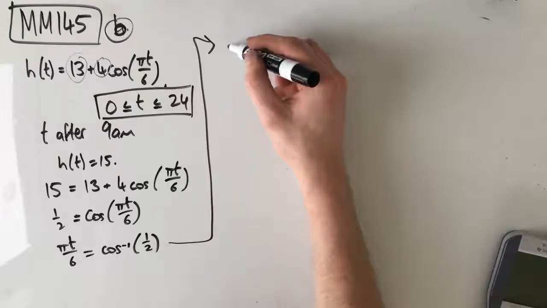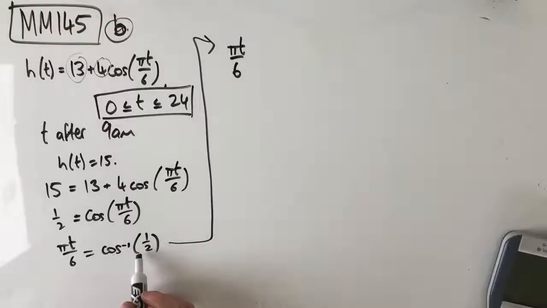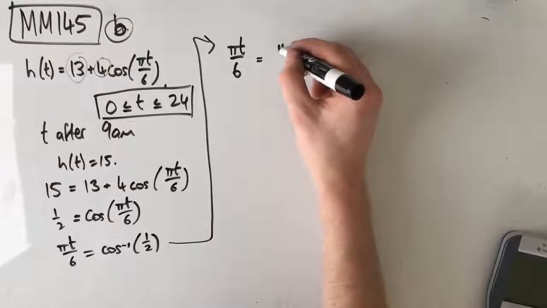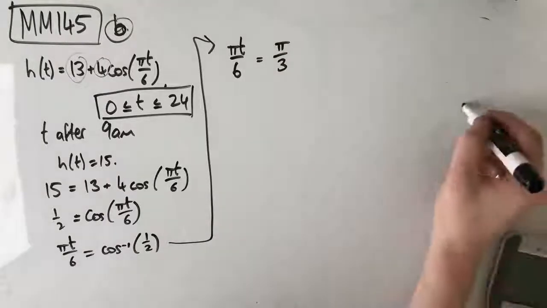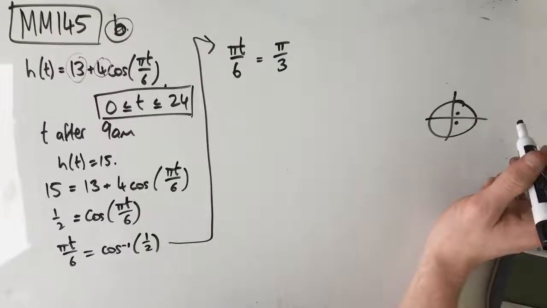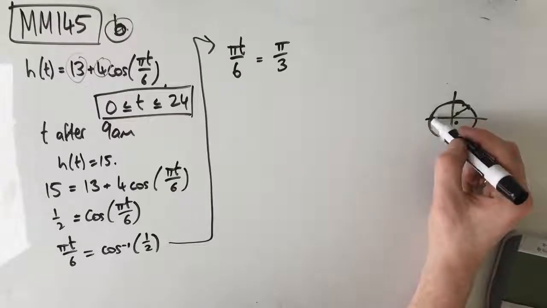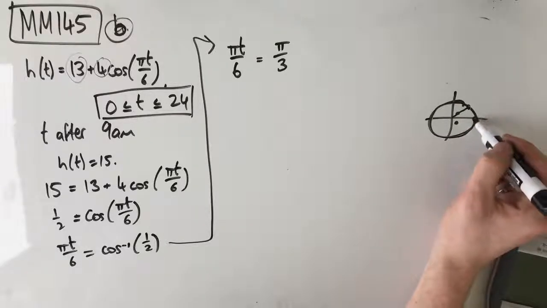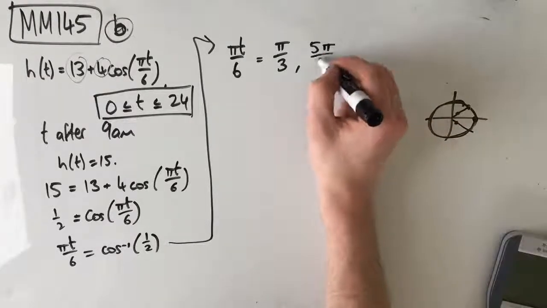So according to this inverse cos of 1/2, our base angle here is going to be pi on 3, because the inverse cos of 1/2 is pi on 3. And because cos is positive in quadrant 1 and quadrant 4, we're going to have pi on 3 here, then going round to 2 pi minus pi on 3, which is 5 pi on 3.